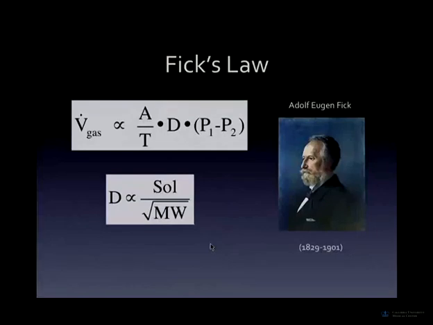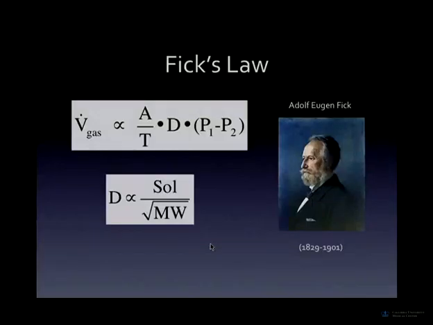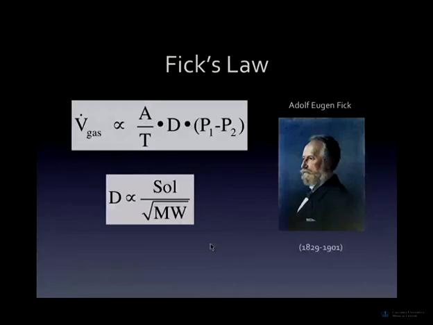And Fick, who was a German physician and physiologist in the 1800s, derived this equation describing the process of diffusion. You should already know Fick because you just had cardiology, and it's the same guy who figured out how to calculate cardiac output.